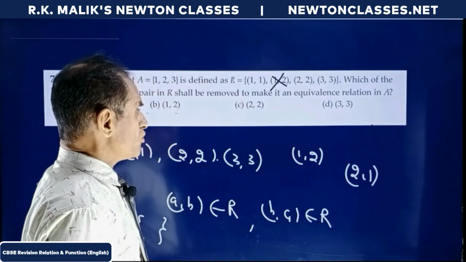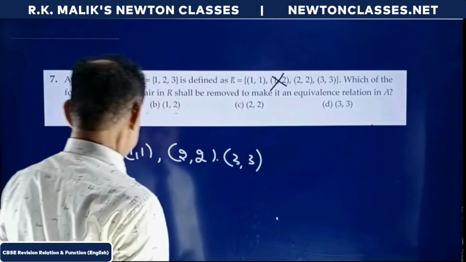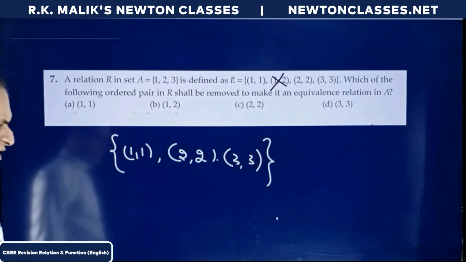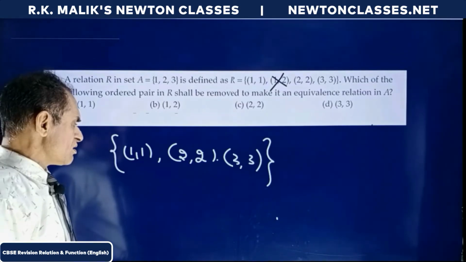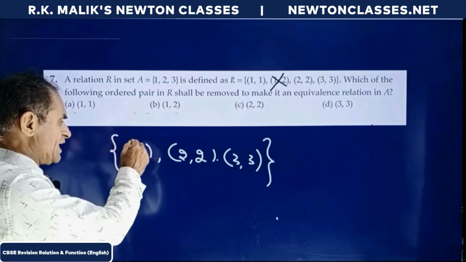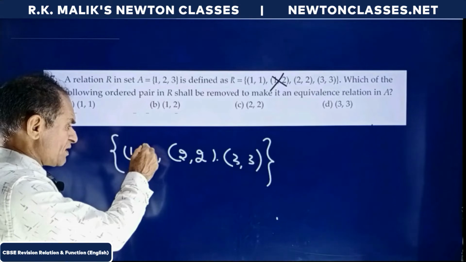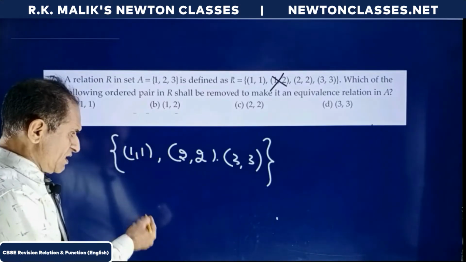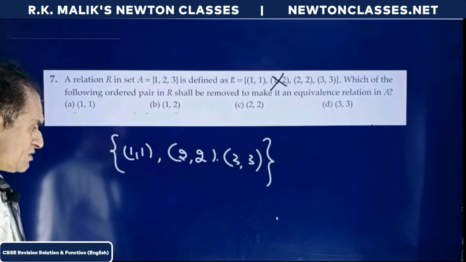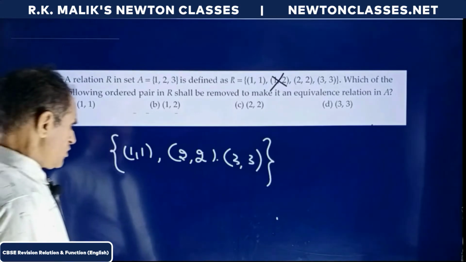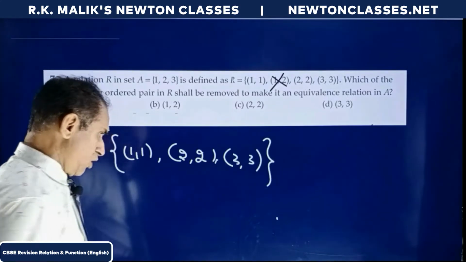And now what about transitive relation? It is clear that on this set, for checking the condition of transitive relation, there are no two ordered pairs for which the second element of one ordered pair and the first element of the second ordered pair become the same. That is, the condition of transitive relation is not applicable on any two ordered pairs of this set.